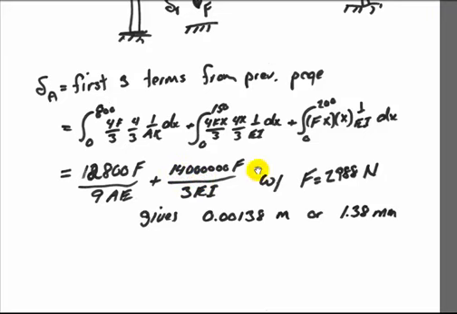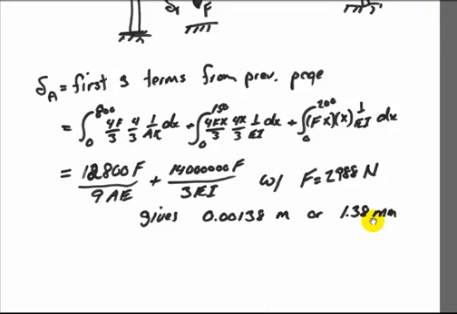We know from the previous page that F was equal to almost 3,000 newtons. When we plug in that value of F, and if we're very careful with our units, we get 0.00138 meters, or 1.38 millimeters of deflection.